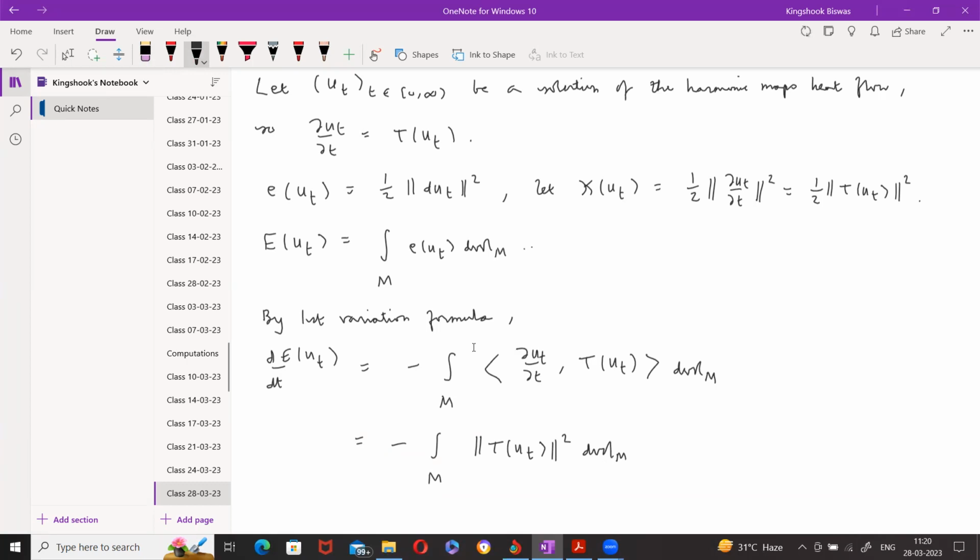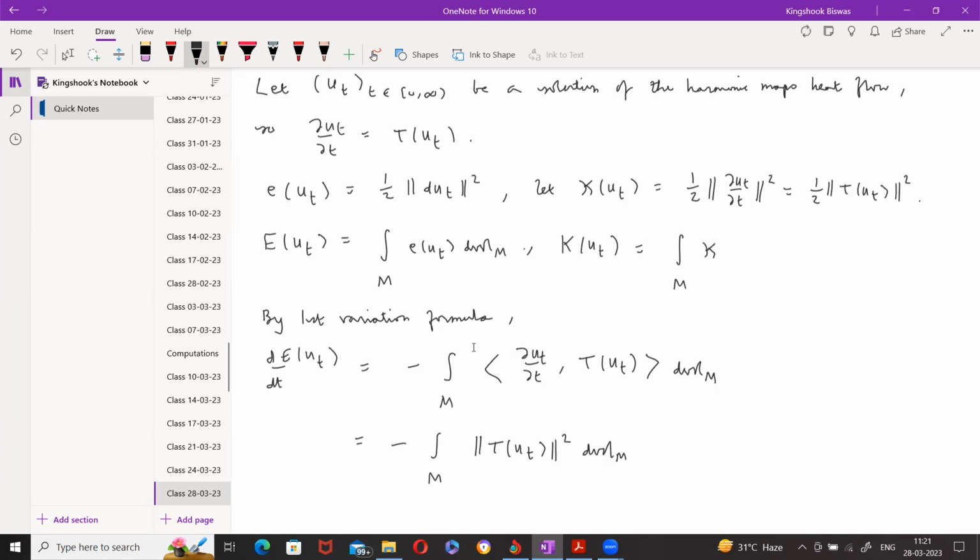So let me define another function, capital K of u_t. This is the integral over M of this little kappa. So this little kappa is basically, you think of it as kinetic energy. It's half the norm squared of ∂u_t/∂t, the norm squared of the velocity.